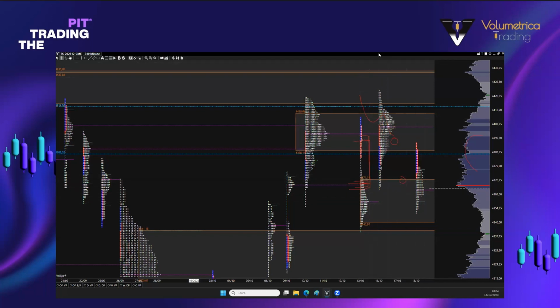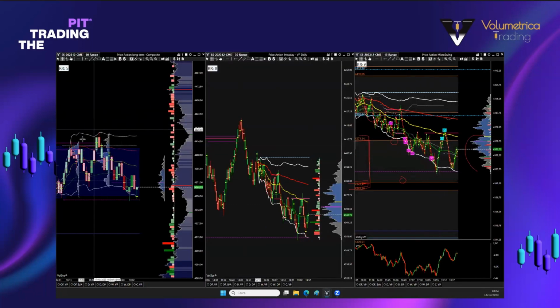And as you can see, as price came and started to build some acceptance below this upper edge of this value area, it did confirm that price was willing to find acceptance, also from today's session's perspective, below this area.